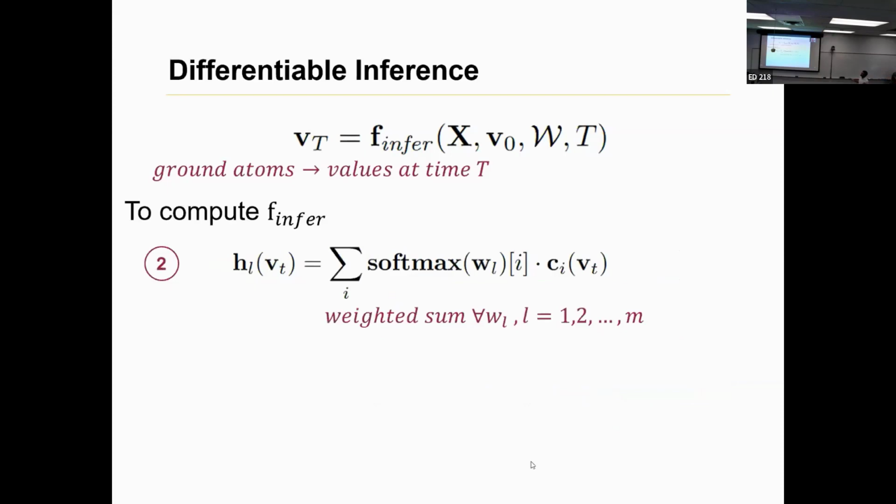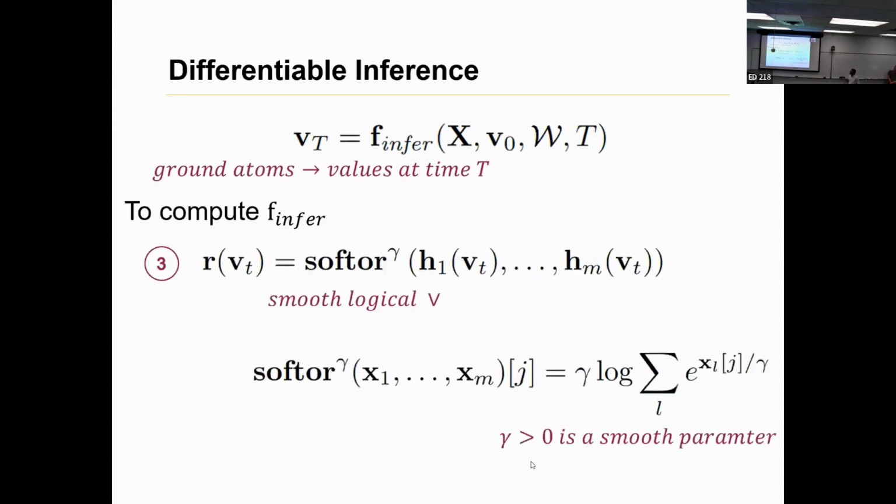Once we have that, we do a weighted sum to get this HL function, and then we do something called a soft OR, which is a function defined over all these value functions we got in the previous step, to get this RDT. They say this is a smooth logical OR, defined as such, where gamma is the smooth parameter.